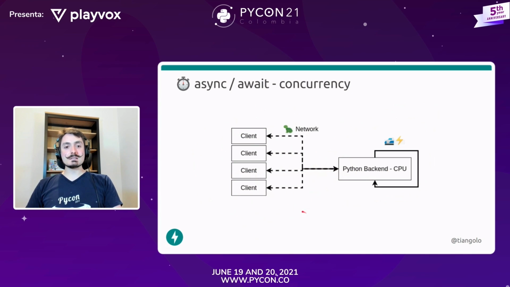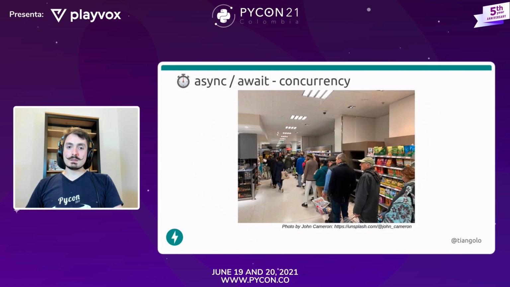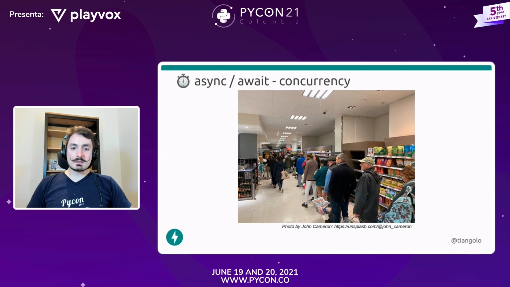But in the traditional frameworks, or the traditional way of writing code with Python, this will actually not look like this. It will look like one of these lines waiting to pay at the cashier. This guy is trying to get a wine bottle and still has to wait for the other one who wants to buy a bunch of toilet paper.